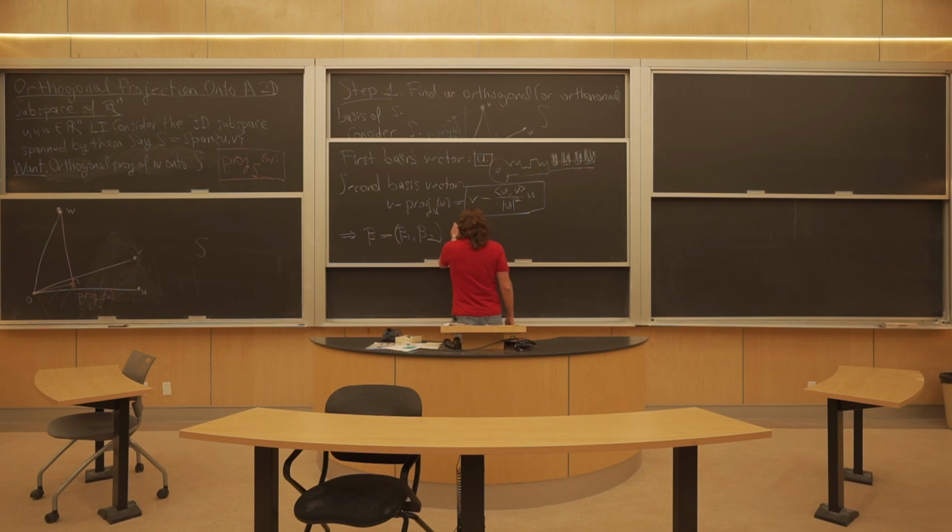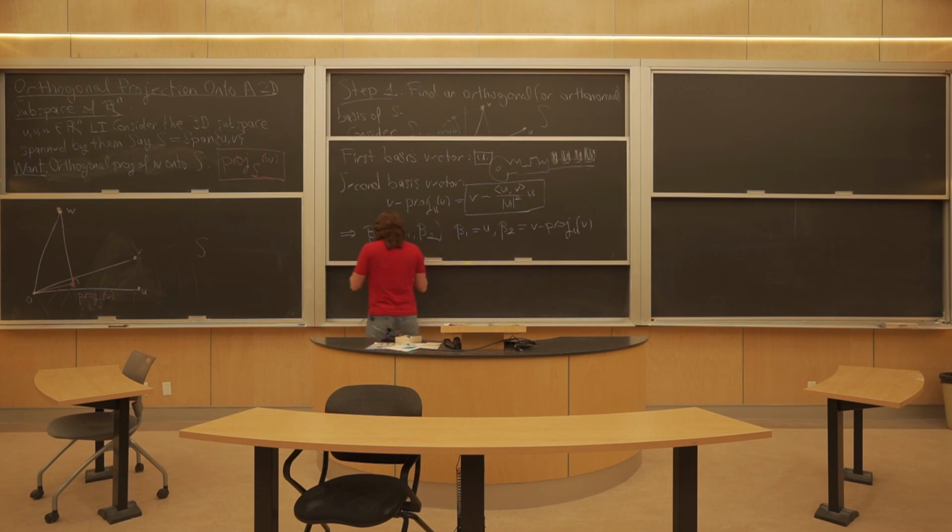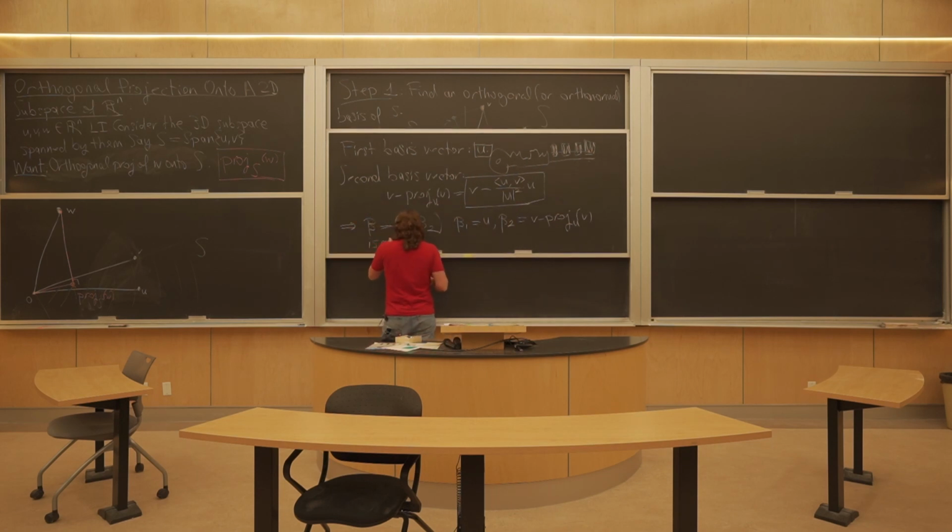Beta 1 and beta 2. Beta 1, I want to be U, and beta 2, I want to be this expression. It is an orthogonal basis for S.